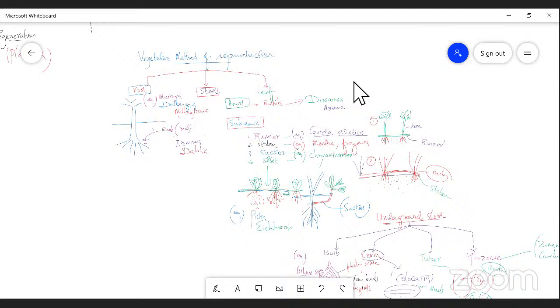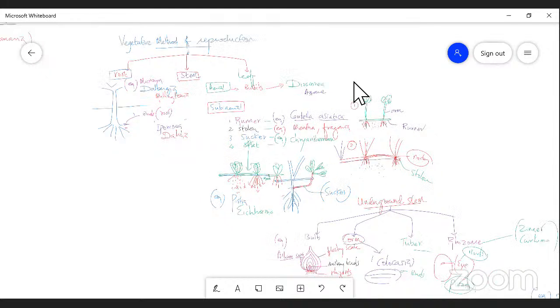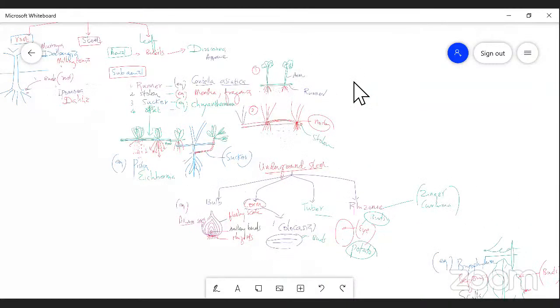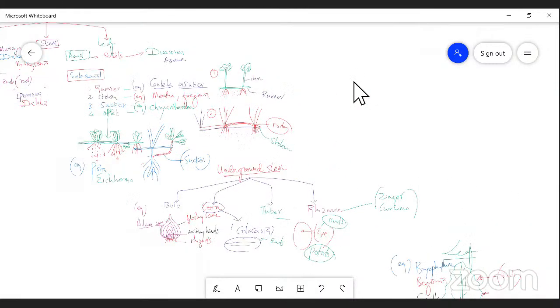Whereas the stem is modified into different structures like bulbils, runner, stolon, sucker, offset, and rhizomes, tuber, corm, and bulb-like structures. So far, we have discussed the vegetative method of reproduction in plants, and finally, vegetative reproduction takes place from the leaf.